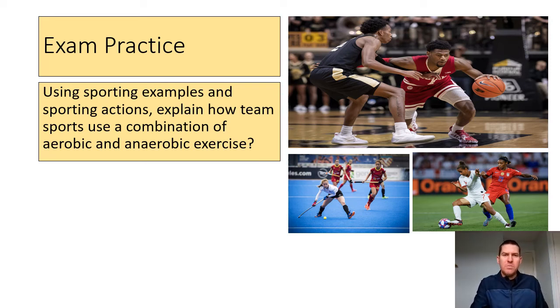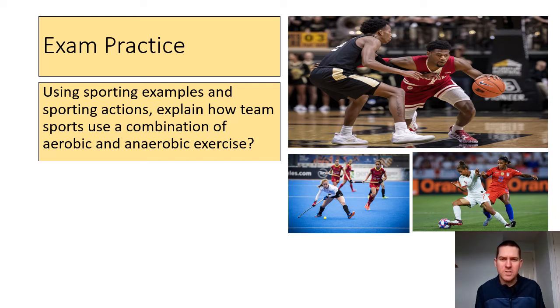Okay, so hopefully when you post your answers to me in terms of your notes today and answering this question, I'll be able to give you a bit more direct feedback. But if you're just watching this remotely, when we think about team sports, they're using a combination of both aerobic and anaerobic.